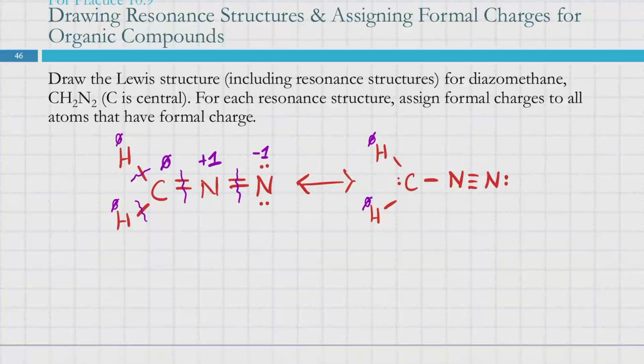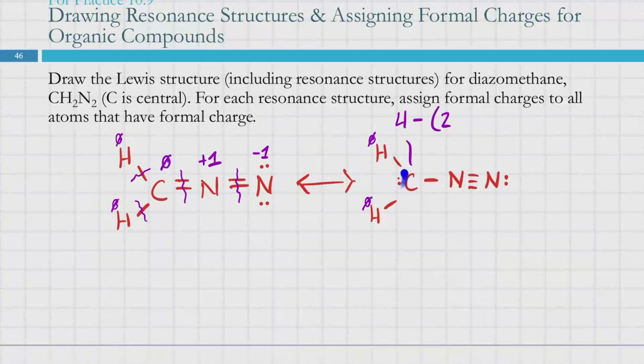Questions on how we got those numbers? Okay, structure B, structure on the right. Our carbon likes to have 4. We'll do the adding them up version this time.